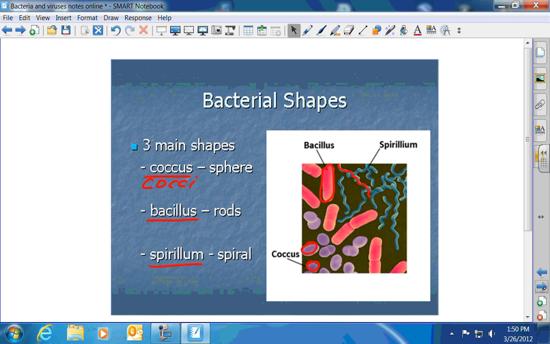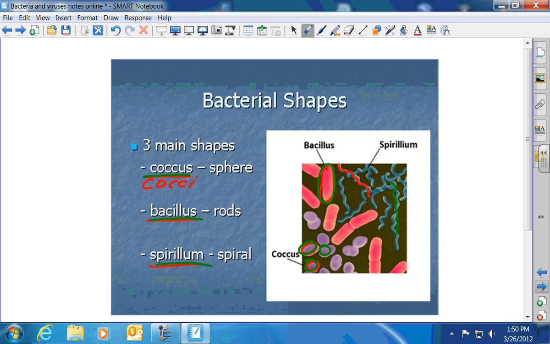Okay, so let's talk about the shapes of bacteria. There's three main shapes. We have the coccus, or cocci, which is our sphere. This is it right here, circular. Bacillus, which is our rod-shaped. And spirillum, which is spiral-shaped. Sometimes bacterial cells live in colonies.